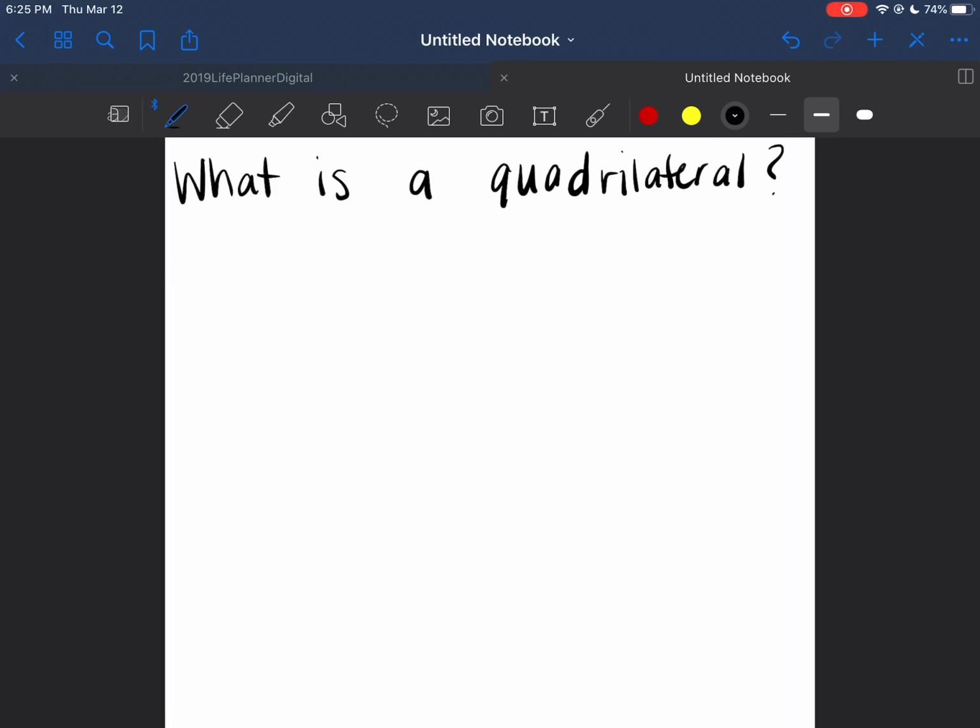All right, the next vocabulary word that we're going to talk about is quadrilateral. So what is a quadrilateral? A quadrilateral is any polygon that has 4 sides and 4 angles.